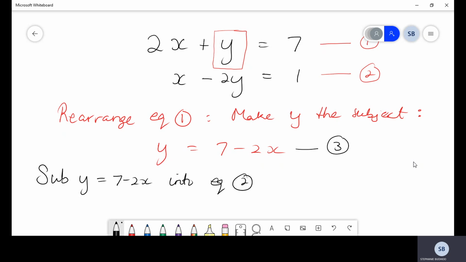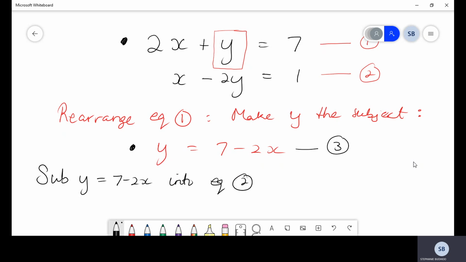Students always make one mistake in this question. They used the first equation to create the third equation, so those two equations, 1 and 3, have already been used.